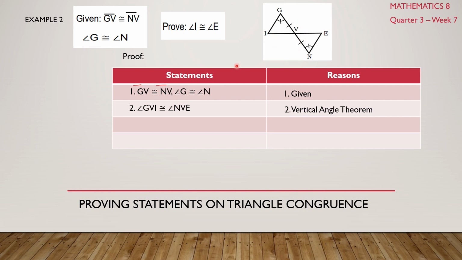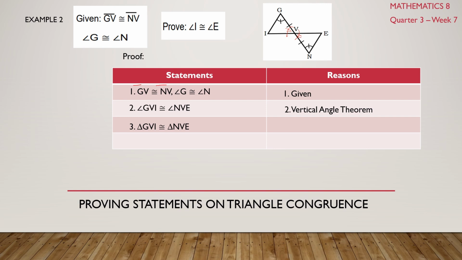Next, since angle GBI, this one, is congruent to angle NVE, let's put markings on it. So, 1, 2, 1, 2. Since we now have three corresponding congruent parts of the two triangles, we can say that the two triangles are congruent.